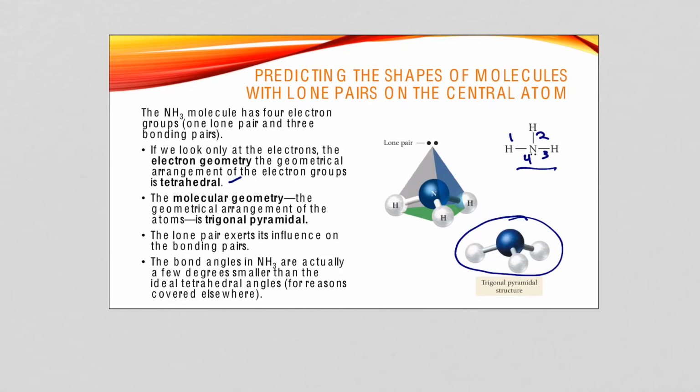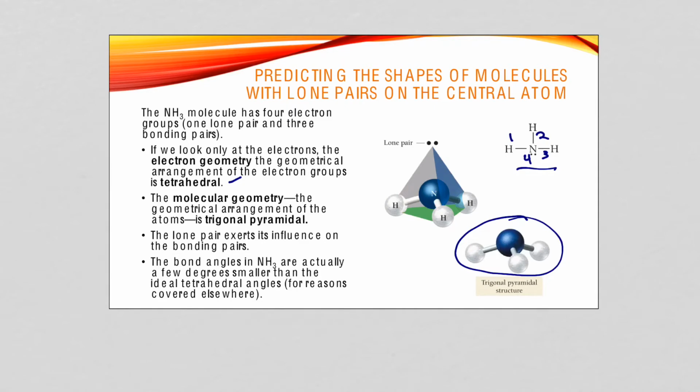So we call this geometry trigonal pyramid, right? It looks simply like a trigonal pyramid, right? It looks like a tripod where the central atom is the top and the three legs are separated like a tripod. And these angles are going to be, again, approximately 109.5.